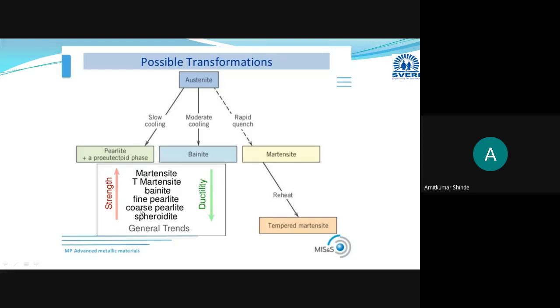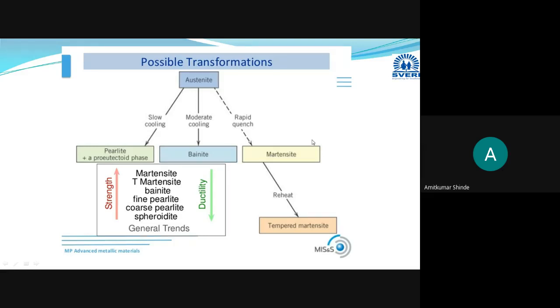Then in bainite, lower bainite will be stronger than upper bainite. And martensite will be harder and stronger than tempered martensite.